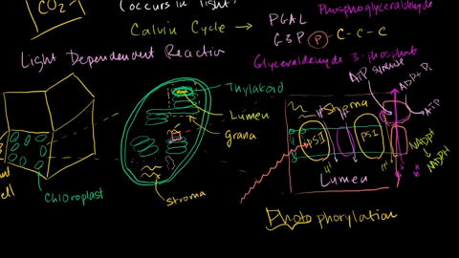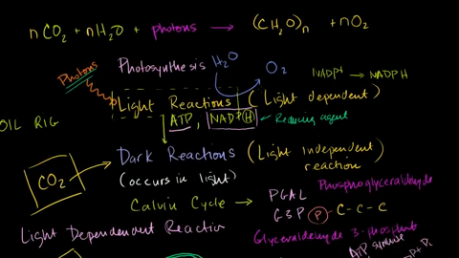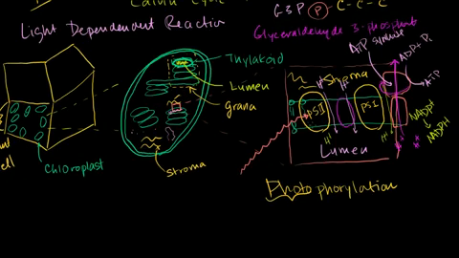Now, I also said that part of this process, and this is a very interesting thing, is that water gets oxidized to molecular oxygen. So where does that happen? When I said up here in photosystem 1 that we have a chlorophyll molecule that has an electron excited and it goes into a higher energy state, and then that electron gets passed from one guy to the next, that begs the question, what can we use to replace that electron?